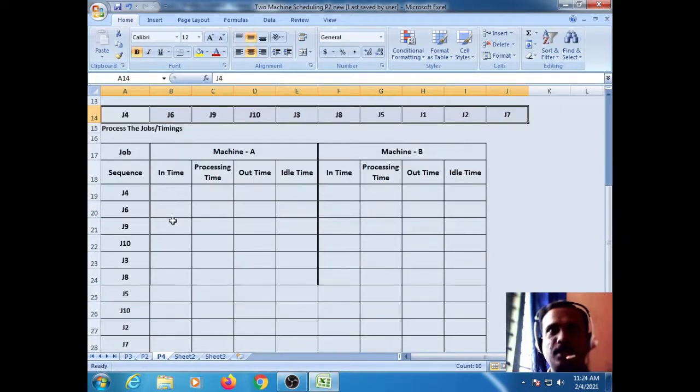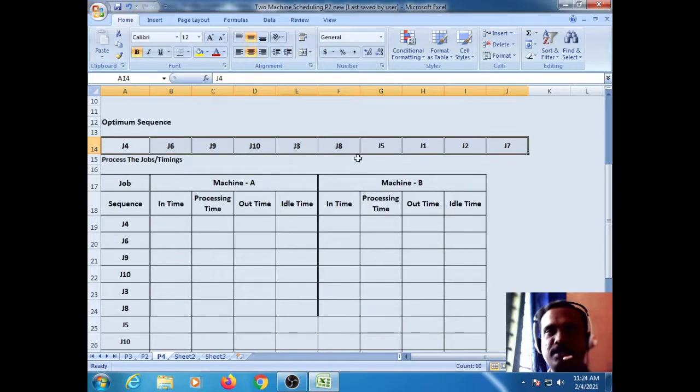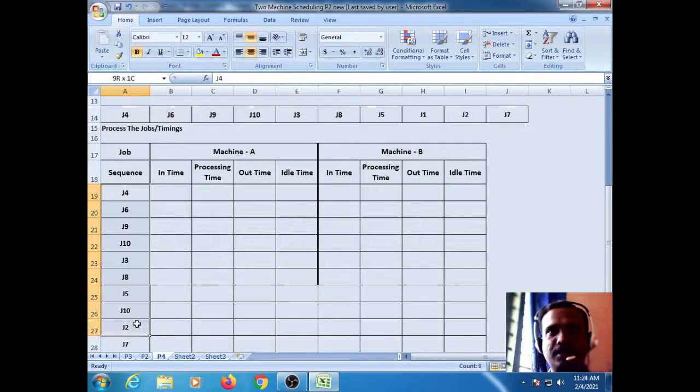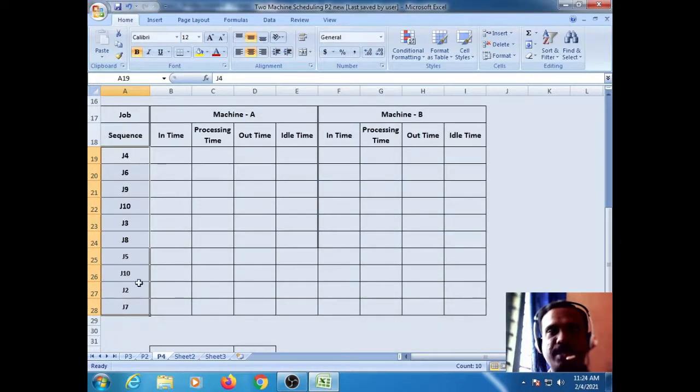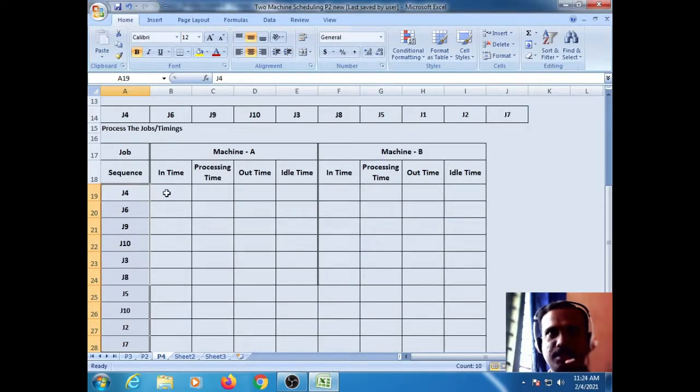According to the optimum sequence, I have taken that job sequence here. For processing the jobs, we have to start the first job at 0 hour.